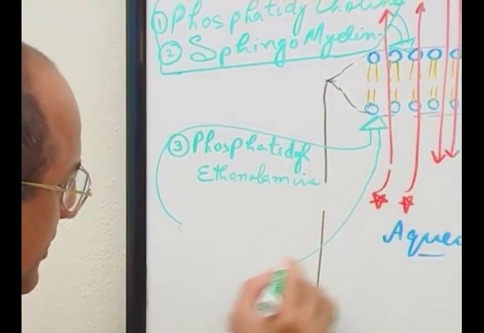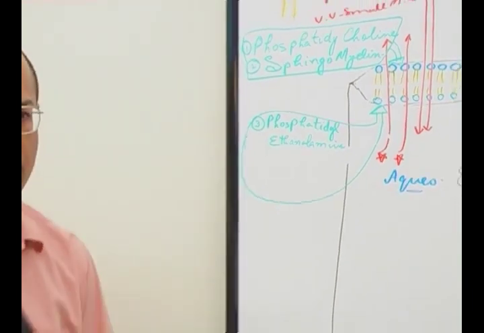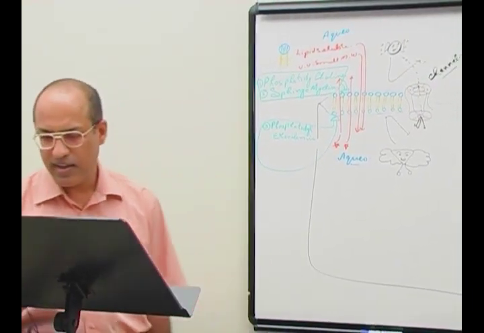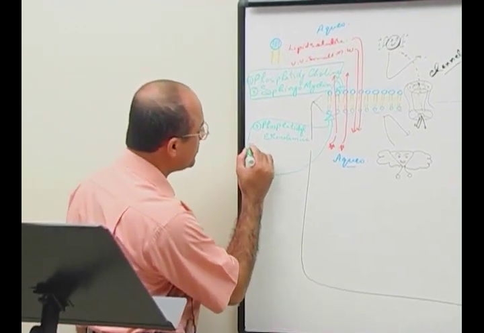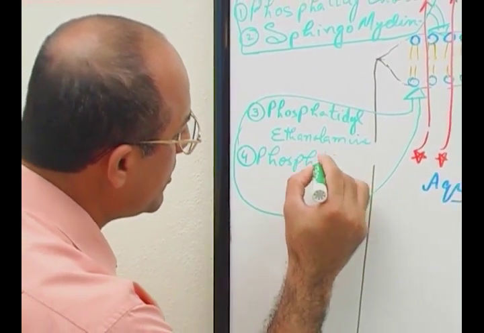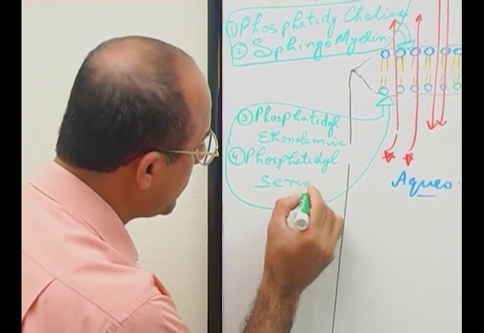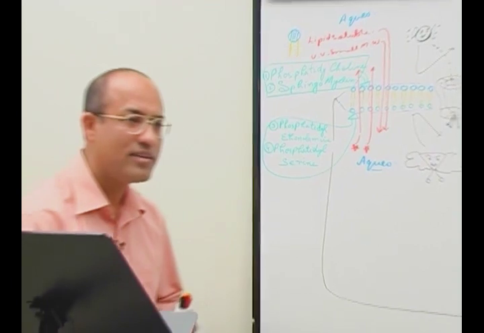So, the inner part of the cell membrane has some funny type of phospholipid, phosphatidylethanolamine, right? This is one. And the second type of phospholipid which is abundantly present in the inner leaflet of the cell membrane is called phosphatidylserine. Phosphatidylserine, right?